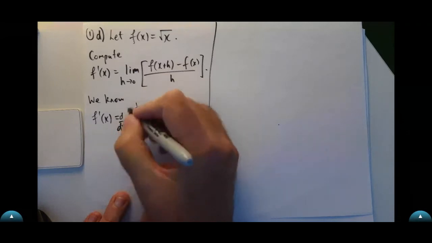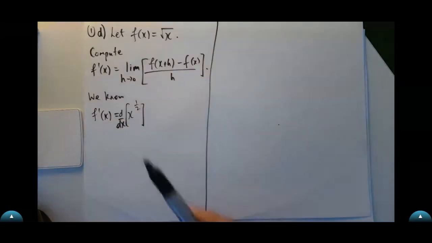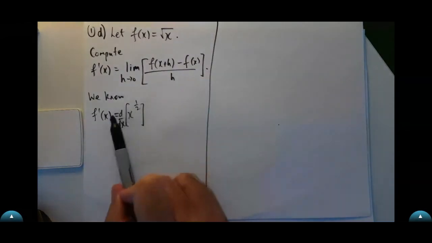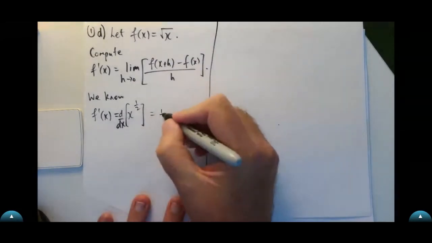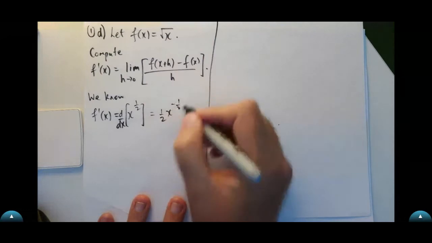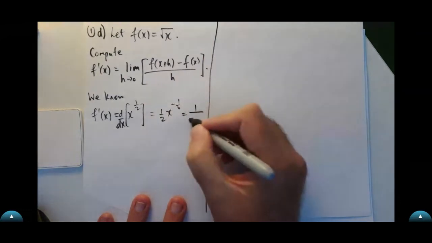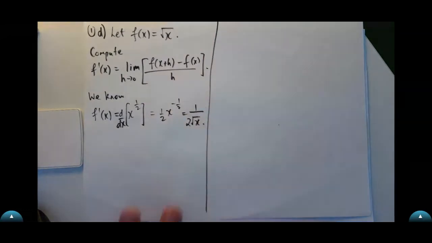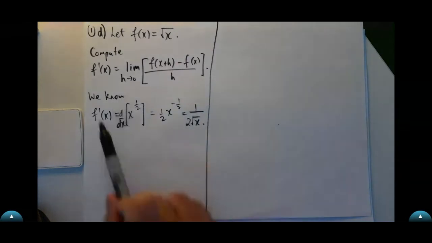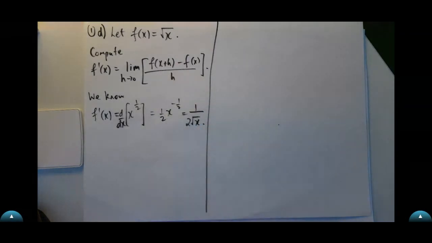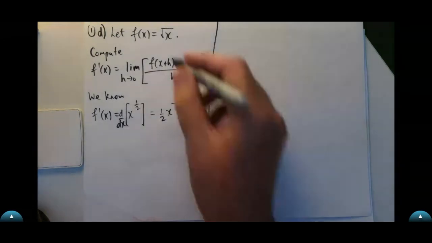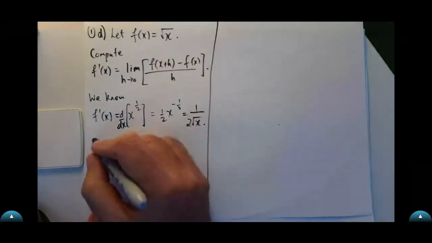Say we're differentiating that, right? It's a power function. So the half comes to the front and you decrease the power by 1. Okay, so we definitely know what our answer should be. And in fact, the question kind of tells us this as well. But let's do it using the limit form, okay?